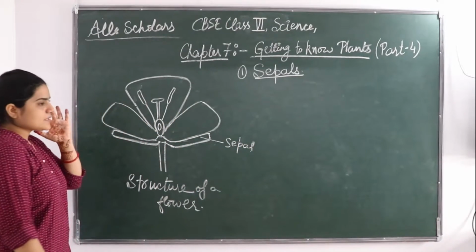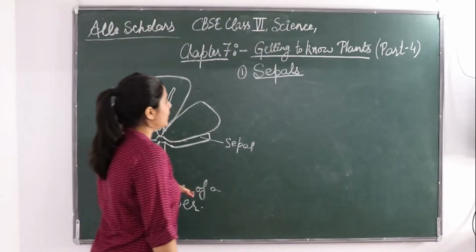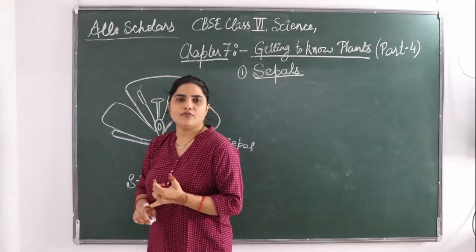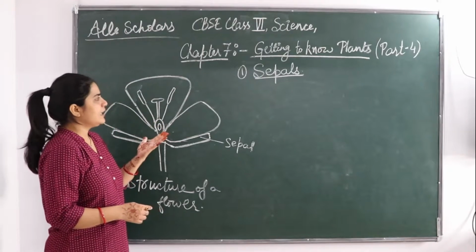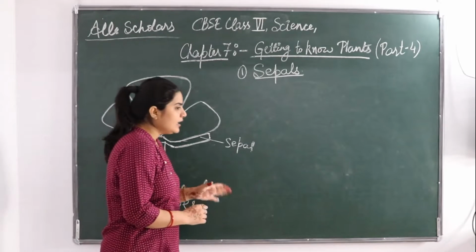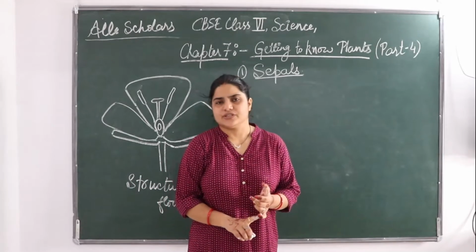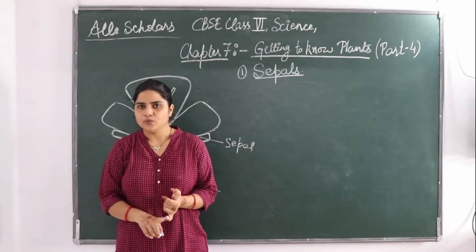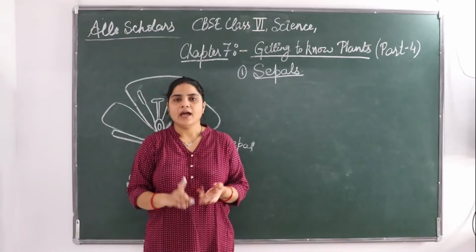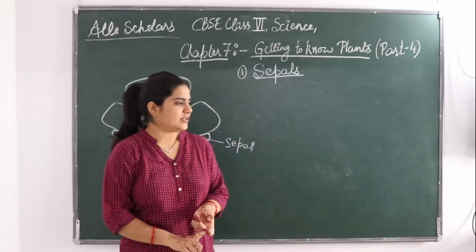So sepal is what? It is the outermost wall of a flower, mostly green in color. It is small and a leaf-like structure.